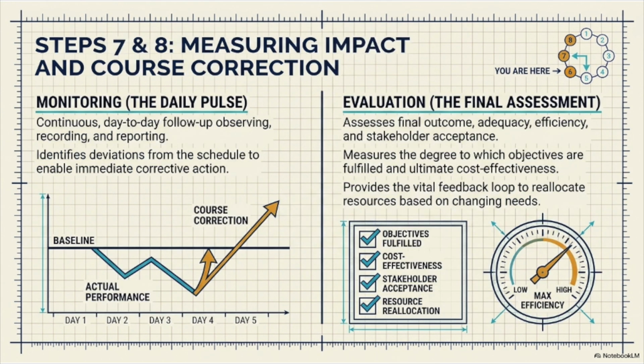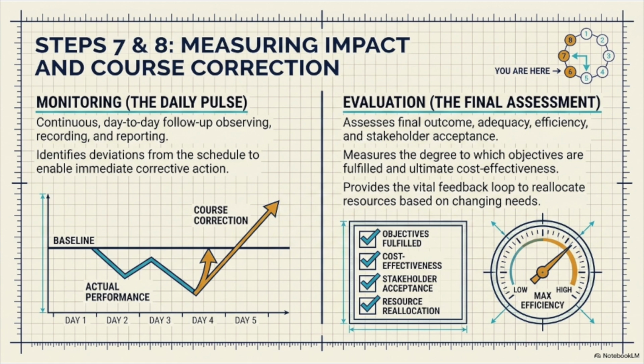The final two steps are monitoring and evaluation. Monitoring is the daily pulse of the plan, involving continuous day-to-day follow-up through observing, recording, and reporting. It identifies deviations from the schedule so that immediate corrective action can be taken. Evaluation, on the other hand, is the final assessment.